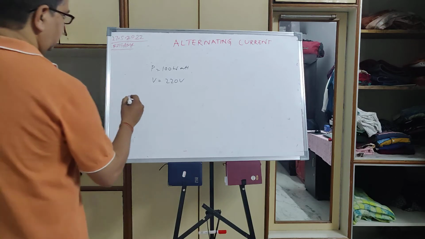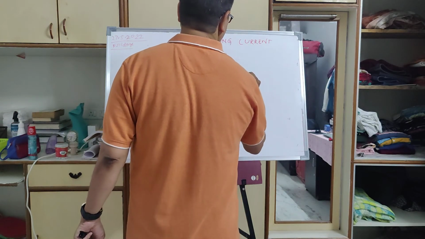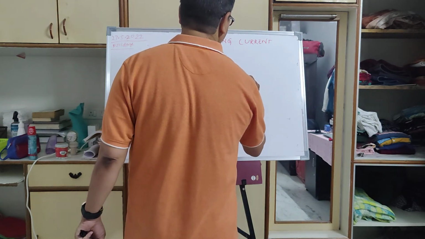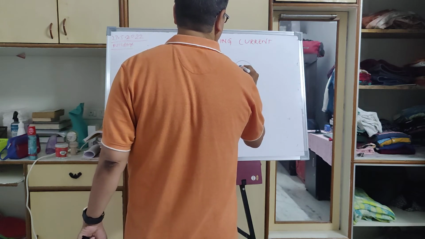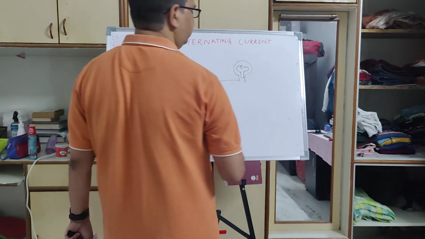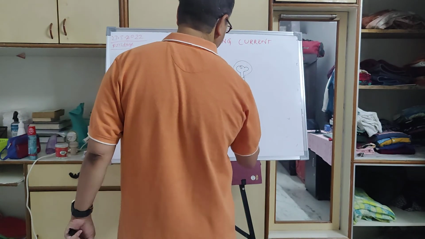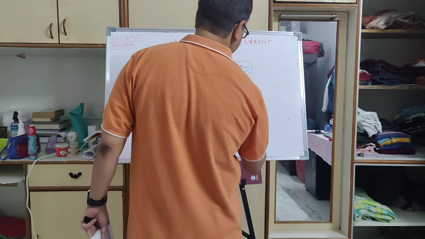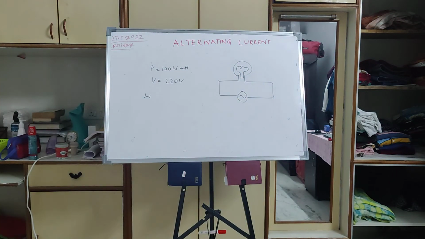So what is the resistance? Let us say this is my bulb. This bulb will have a resistance, because of resistive heating it is glowing, right? I have an AC supply.